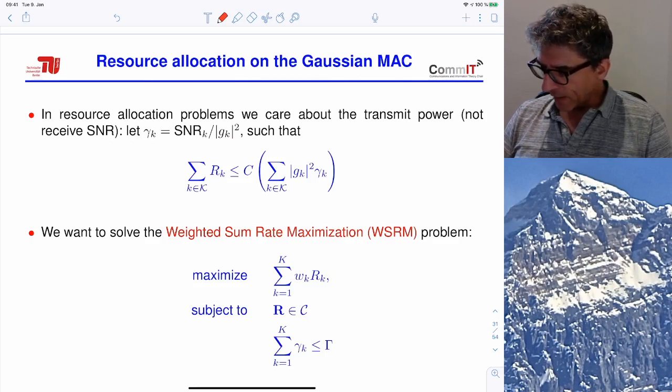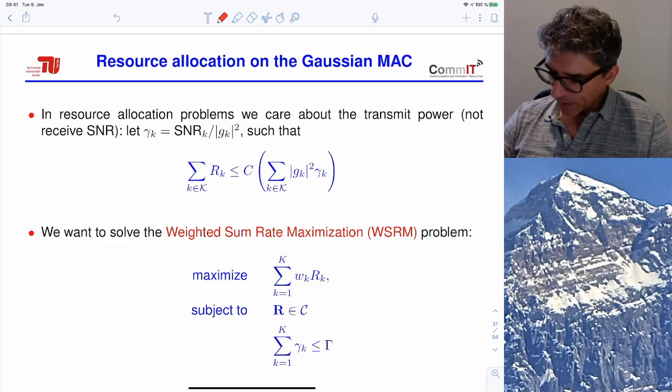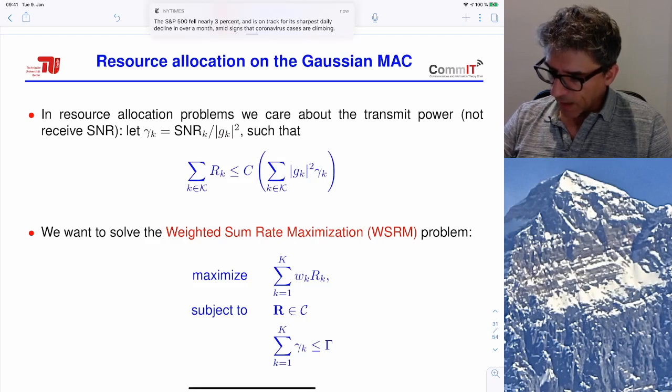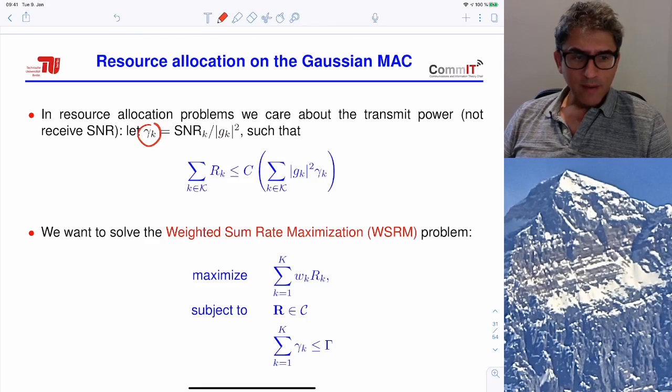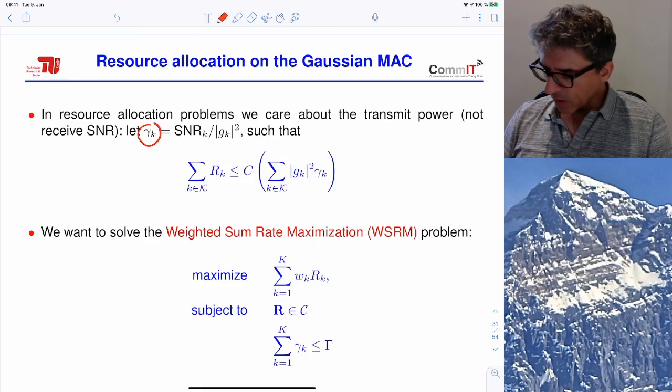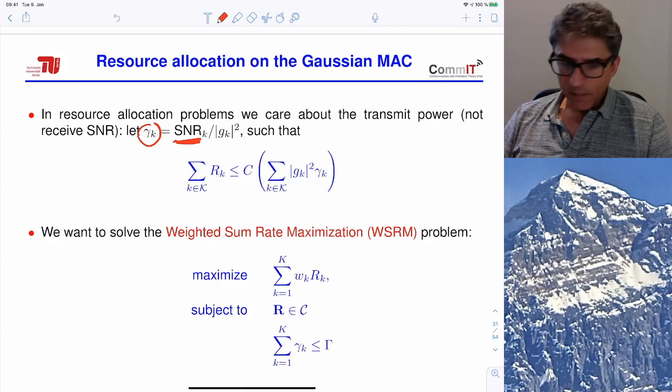So we define, for ease of notation, gamma k as the transmit energy per symbol, which is equal to the received SNR divided by the channel gain when we normalize everything by the noise variance.